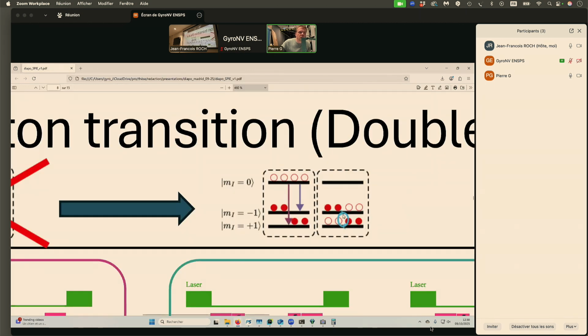And what we want is this transition, the blue one. So it's a coherent drive. Here, with the first pi over 2 pulse, we put the system in a superposition state between -1 and +1, and what we see is the oscillation of population between the two, so the Larmor frequency.